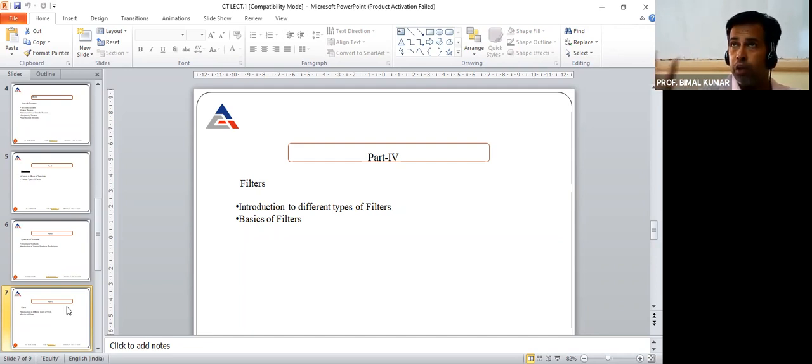That means that particular band of the frequency will be passed through that filter which is there in your device. So basically with the help of the variation of the inductor and capacitor, we will be able to tune the network in such a way that some particular band of frequency will be passed through it and the rest will be blocked.